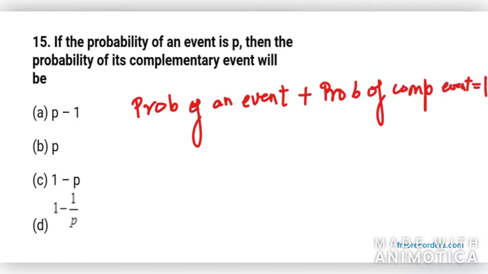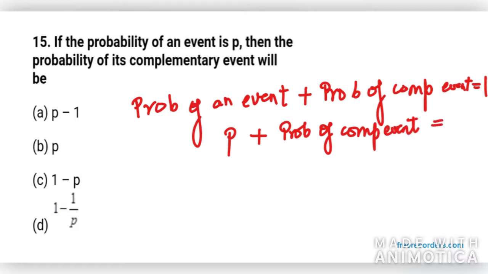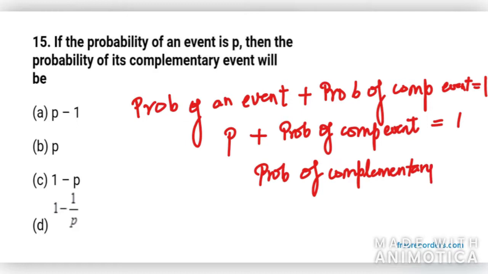Now probability of an event is P and probability of complementary event is unknown to us, and we have 1. So probability of complementary event is equal to 1 minus P. That means the right option out of all is C part.